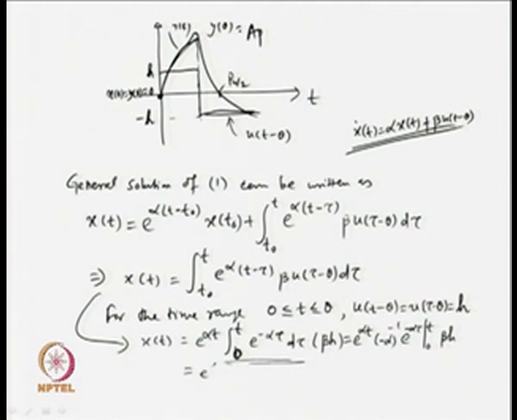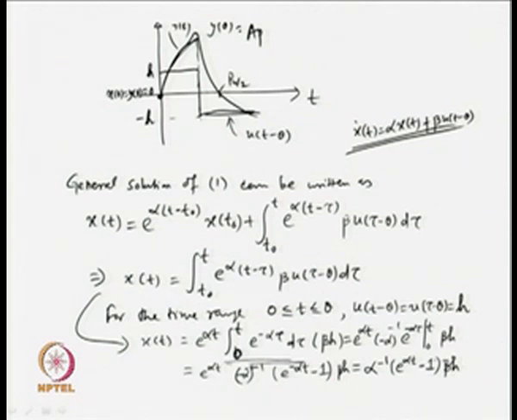now e to the power alpha t minus alpha inverse, or we can write this in the form of minus alpha whole inverse, then it becomes e to the power minus alpha t minus 1 beta h, which can ultimately be written in the form of alpha inverse e to the power alpha t minus 1 beta h.